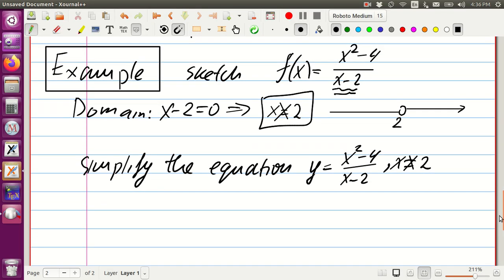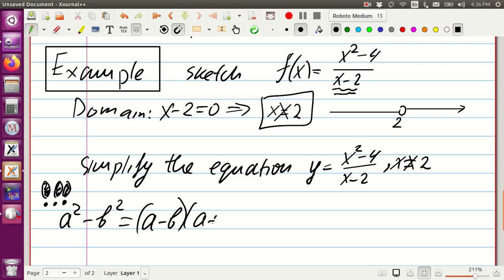So let's look at the numerator. Once I told you about this formula that is really useful this semester again. This really important formula we'll be using pretty much every time. So a minus b, a plus b, the difference of squares, will play a huge role.